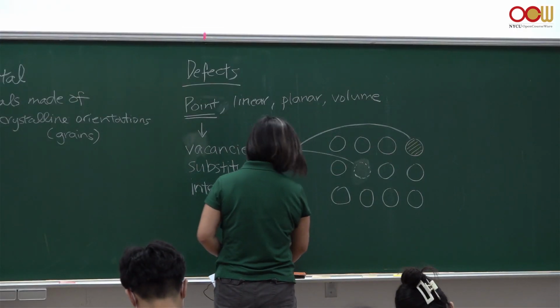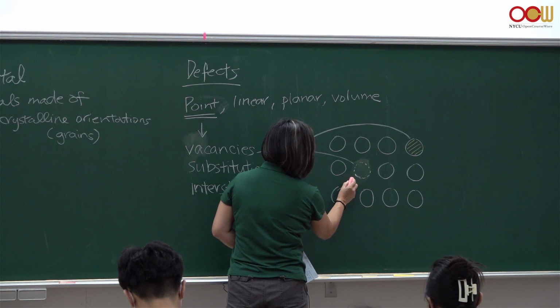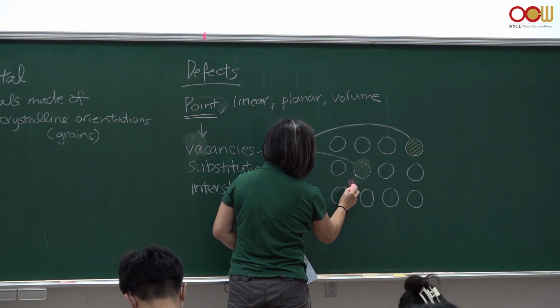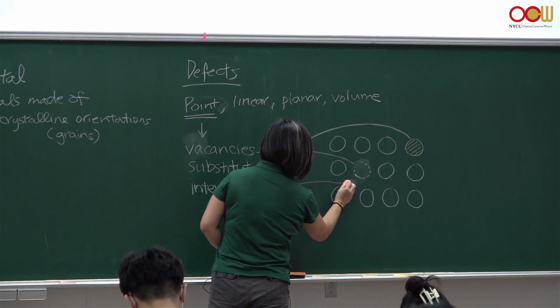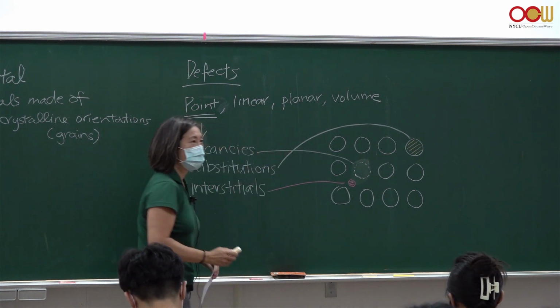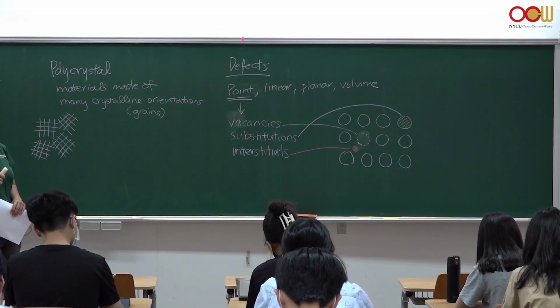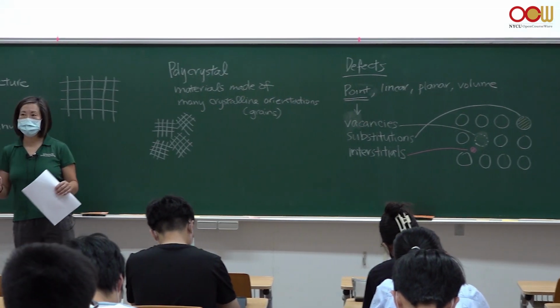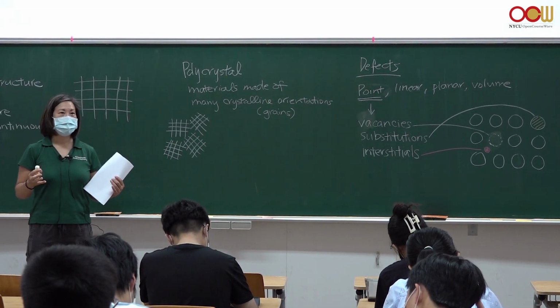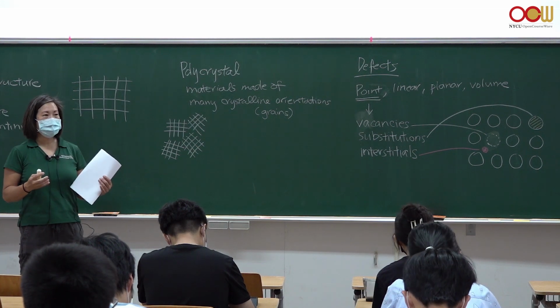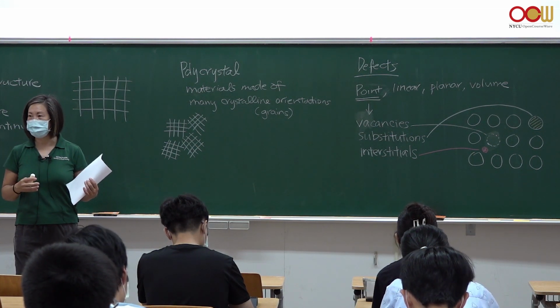Or you can have an interstitial impurity, so you have something that's sitting in a spot that's not part of your crystal lattice. So vacancies and substitutions occur at lattice points, and interstitials occur in between lattice points.